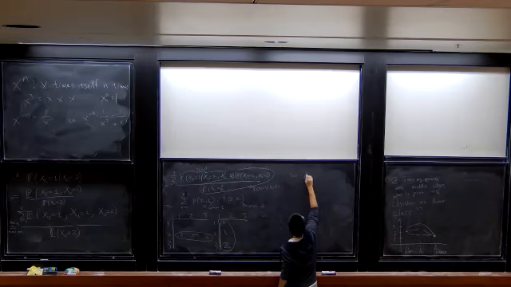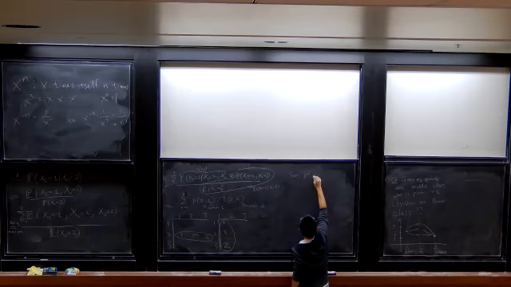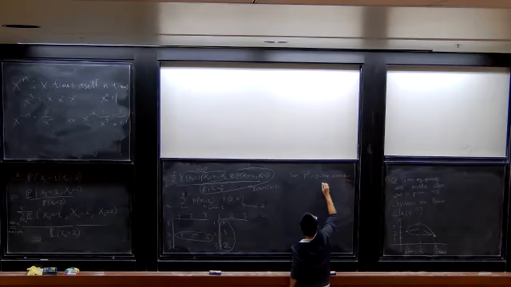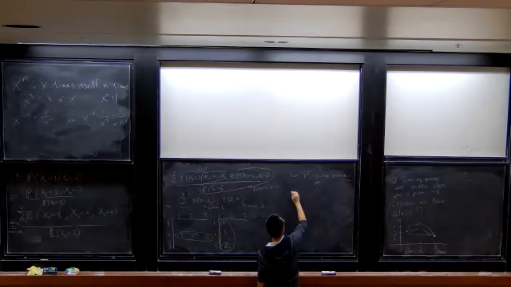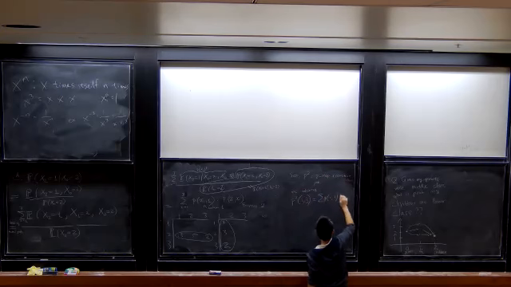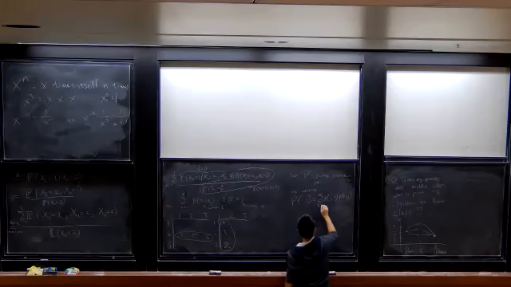If I denote, say, P2 to be the two-step transition matrix, or transition probability, then we have that P2 from i to j is simply the summation of P. So I'm starting from i, I go to some little x, and then from x I go to j, where x is in my state space.